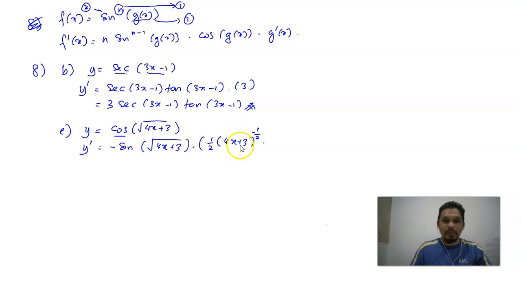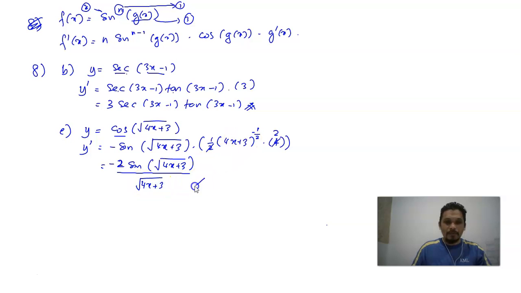And then differentiate 4x plus 3, which gives you 4. 4 divided by 2 equals 2. Then you come up with negative sine of the square root of 4x plus 3, and we got 2 here: negative 2 sine(4x plus 3) with this one to the power of negative half, which means it is the square root of 4x plus 3.